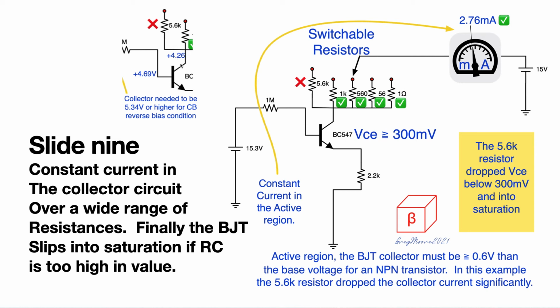So we would have needed like 5.2, 5.3, 5.6 volts or something on the collector to be reverse biased. At the moment it's heading well and truly towards a forward bias situation. So this is very important, like I said, with transistor circuits, the constant current ability of the transistor, and there's many circuits where we use the transistor specifically for that constant current effect.